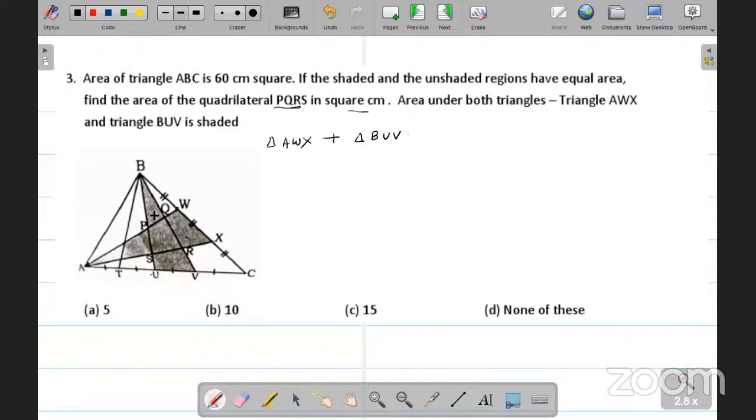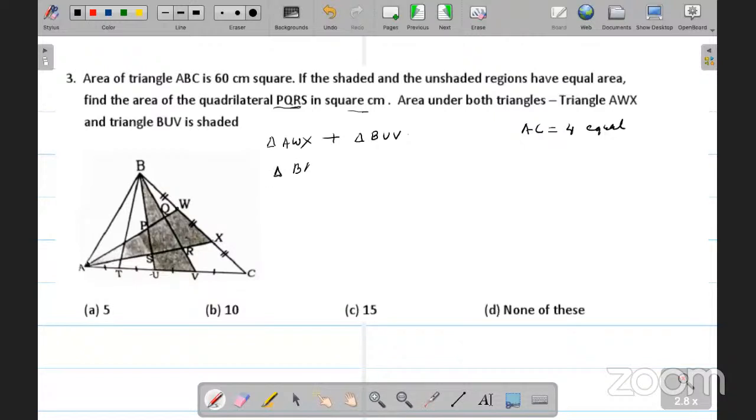Now you would realize that since AC, the base of the triangle, has been divided into 4 equal parts, AT is equal to TU is equal to UV is equal to VC. Which means each of these 4 triangles will have equal area. Which ones?